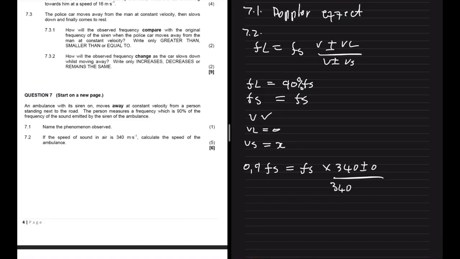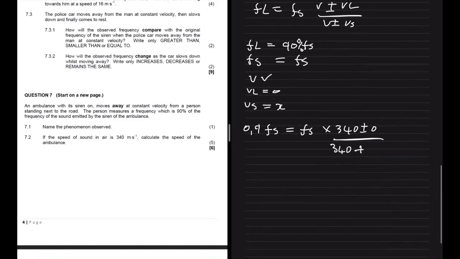340 again, and then it's moving away. If it's moving away, we're supposed to have plus on the denominator. If it was moving towards, then we'd have minus on the denominator. So plus VS. I'm going to divide both sides by FS.